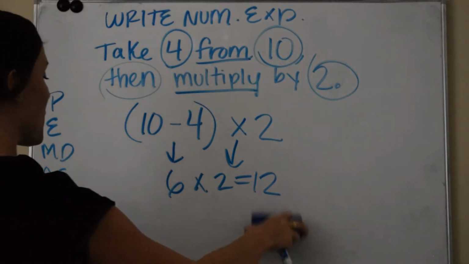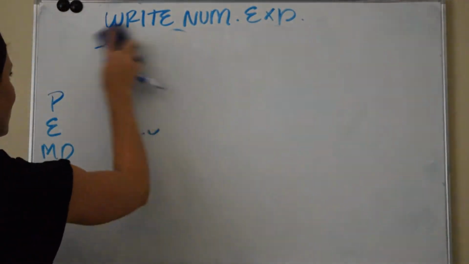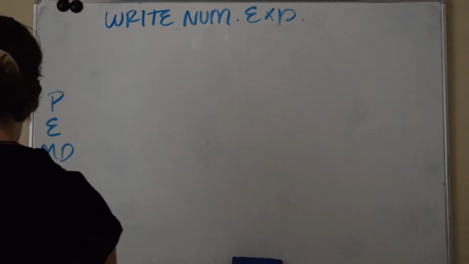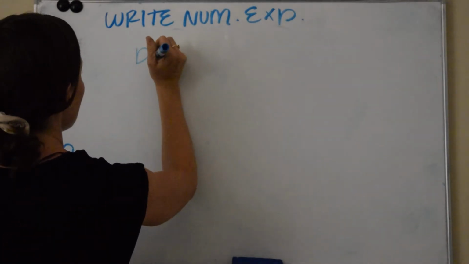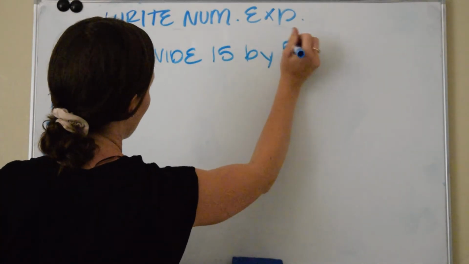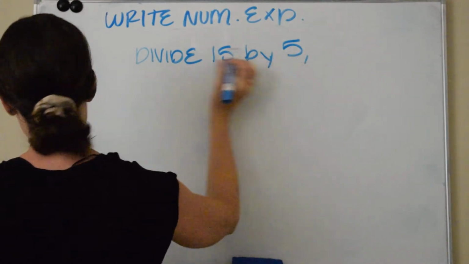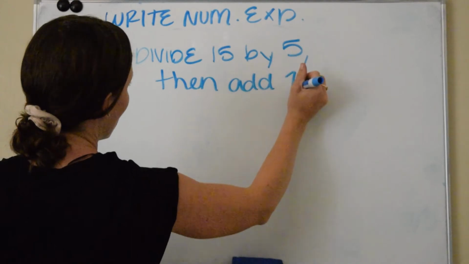All right, let's go ahead and do another one. What if it said divide 15 by 5, then add 1.